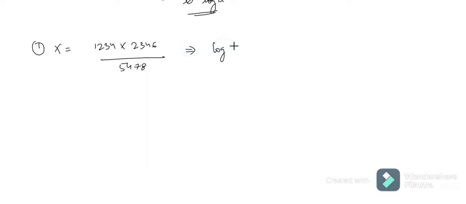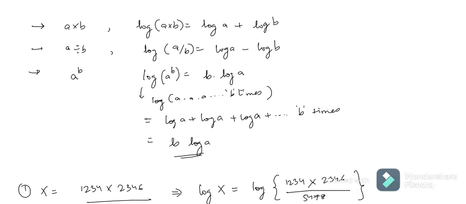So log of x will be equal to log of 1234 into 2346 by 5478. Now using the above three properties which I have shown right here, this is the first, the second, and this is the third.